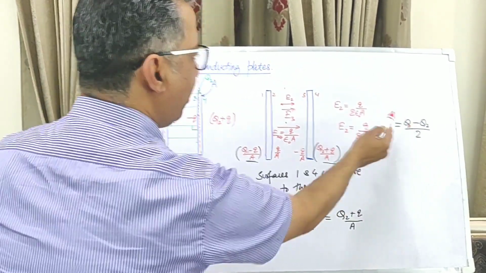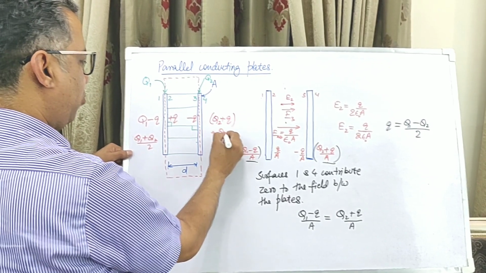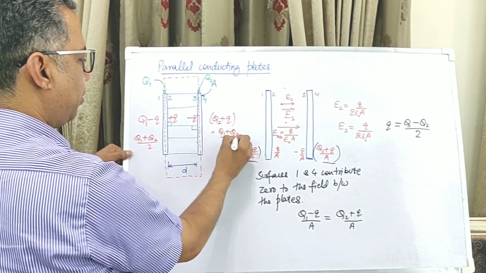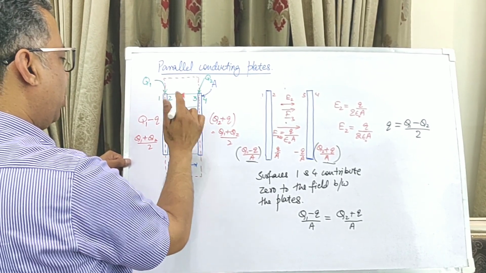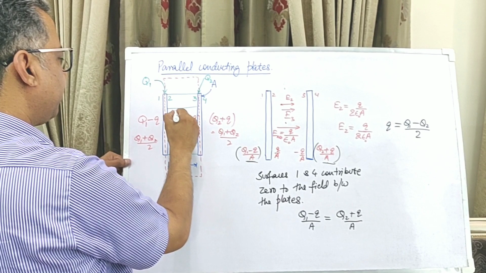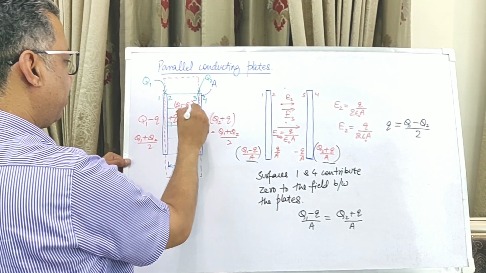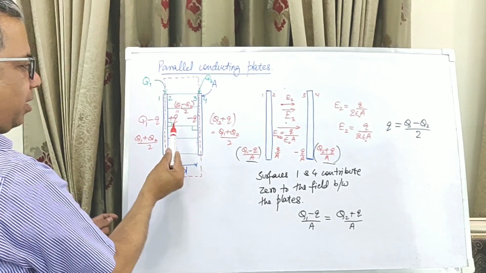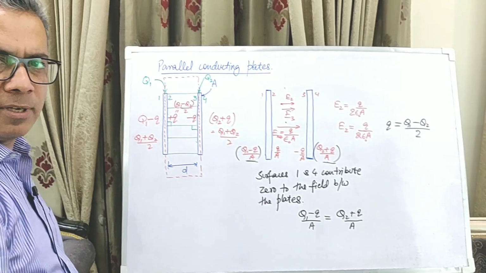Here as well, if you add this small q, you have Q1 plus Q2 by 2, and this small q will be equal to Q1 minus Q2 by 2. Of course, on this surface it will be negative of the same amount.